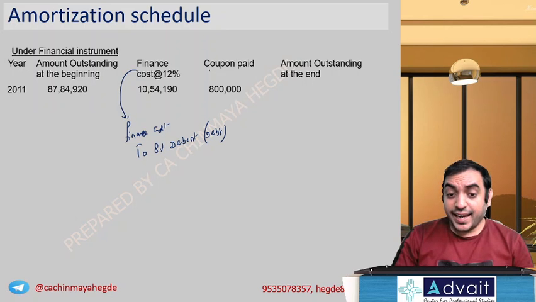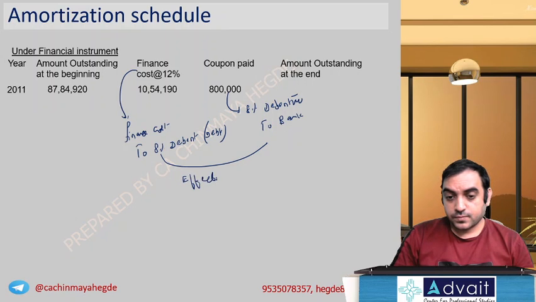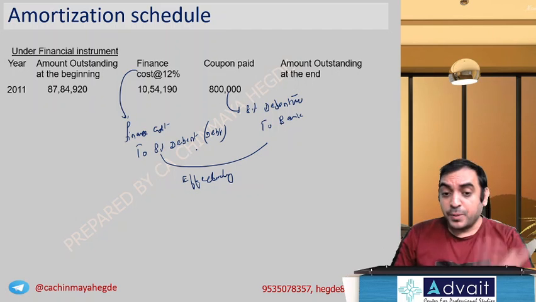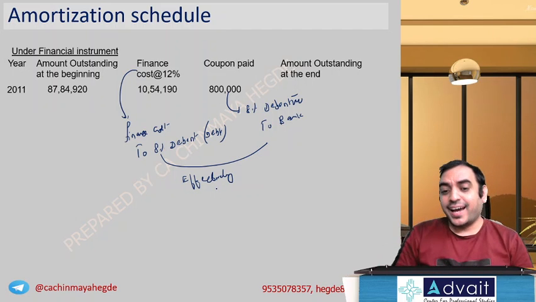And for this 8 lakh, what journal entry do we pass? You are making a payment like a repayment. It will be 8% debenture account debit to bank 8 lakh. Effectively, some people also pass one direct entry instead of two separate entries.